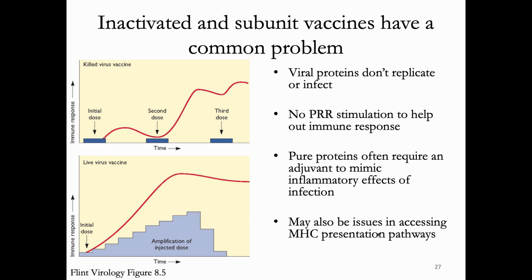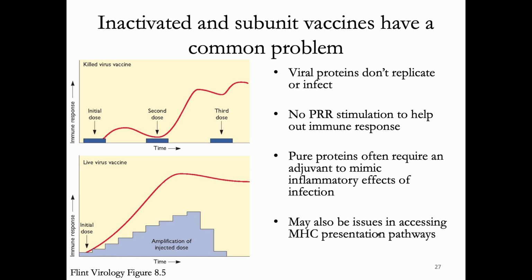So what we can do in these situations is think about how we can give some type of PRR stimulation. Very often we have to give an additional molecule, like I did in the problems, which is known as an adjuvant, in order to help out these vaccines.